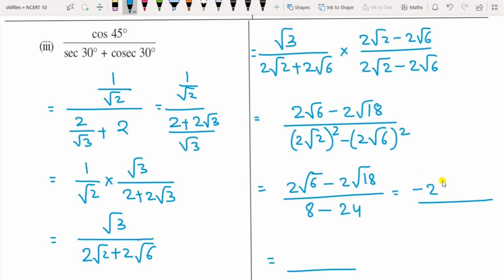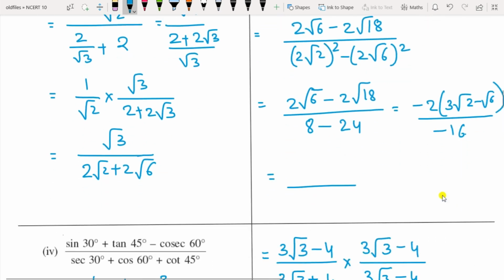So minus 2, this will be 3 root 2 minus root 6 upon minus 16 here, and minus 2 and 16 will get cancelled. So you will have 3 root 2 minus root 6 upon 8. Minus minus will get cancelled, and 2 times 8 is 16. So this way you have to do the sum.